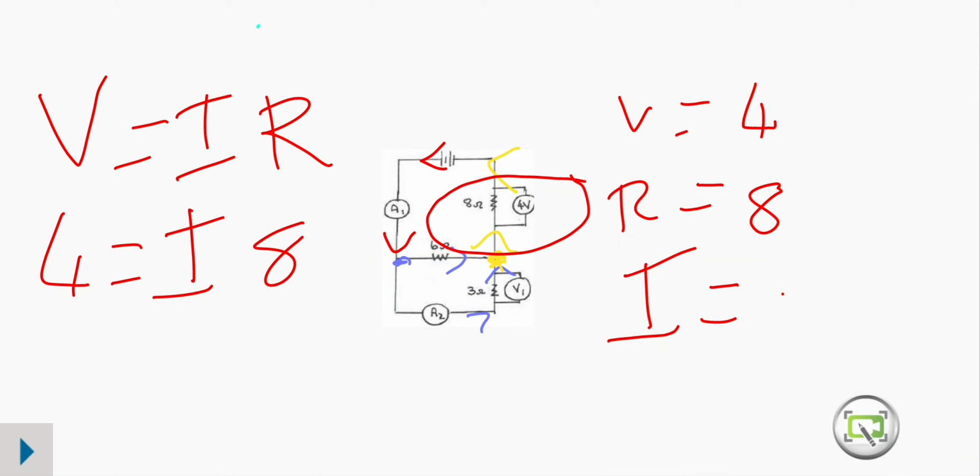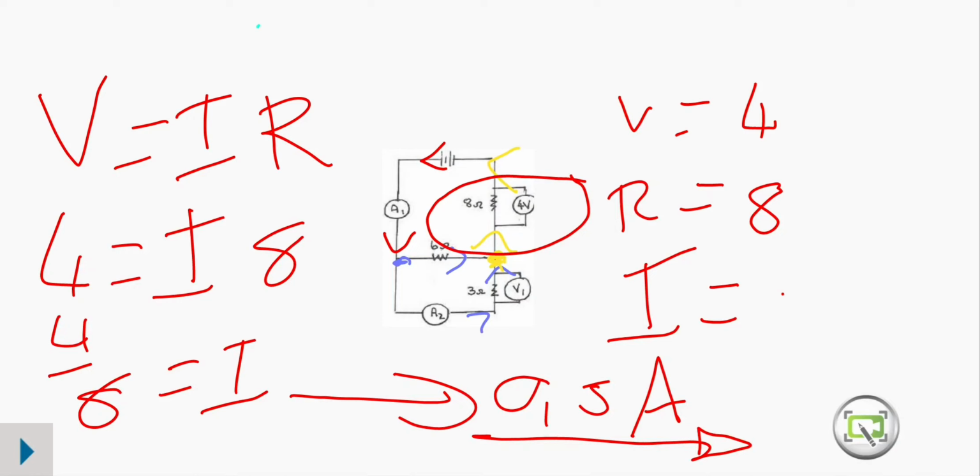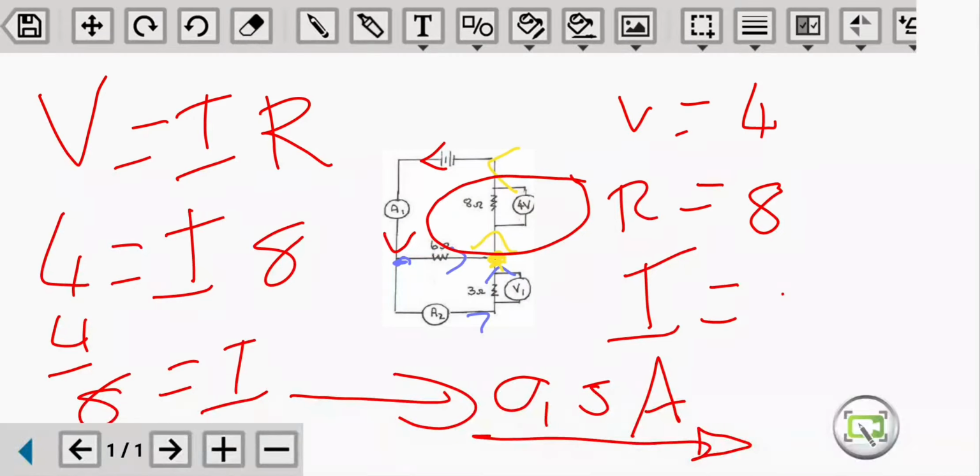As in normal equations, we need to get rid of the 8, so we divide by 8 on both sides. So 4 over 8 is equal to I, and let's simplify that. 4 over 8 is the same as a half, so 0.5 amperes for our current. So 0.5 amperes flows through the 8 ohm resistor.